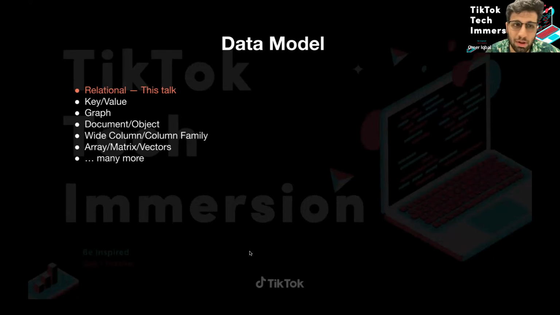There are many other kinds of models as well. There's key value stores, which are very common and very popular and very fast. There's graph models, document object models, wide column, array, matrix, vectors, etc., which has become quite hot recently with a lot of AI products taking shape. But we focus this talk on the relational model. And if you have any questions on other models, do feel free to ask me.